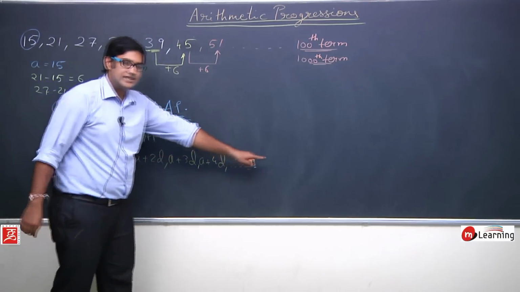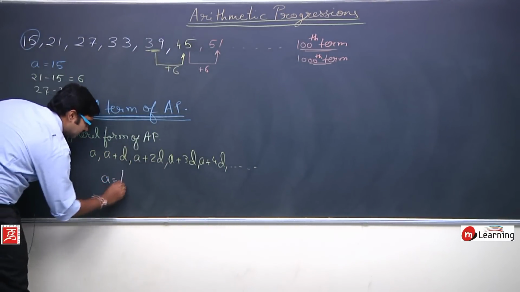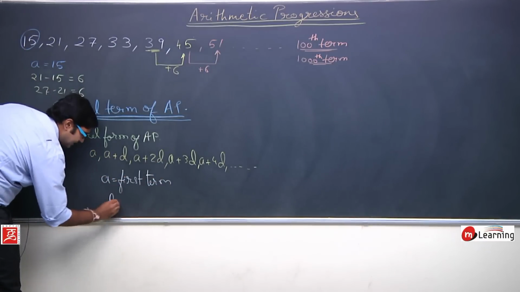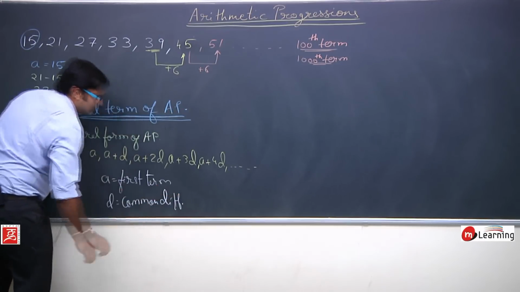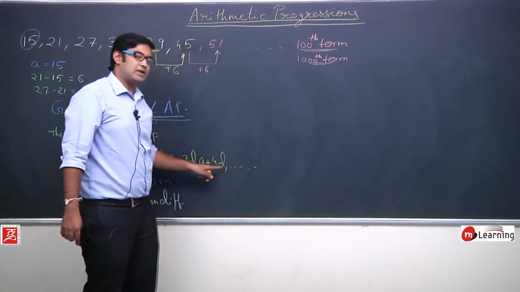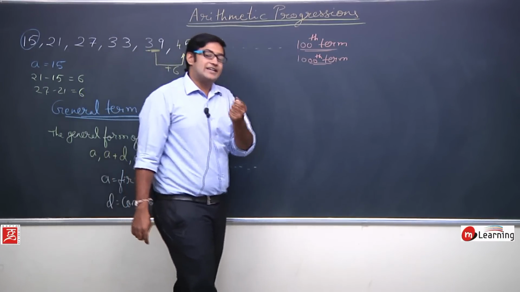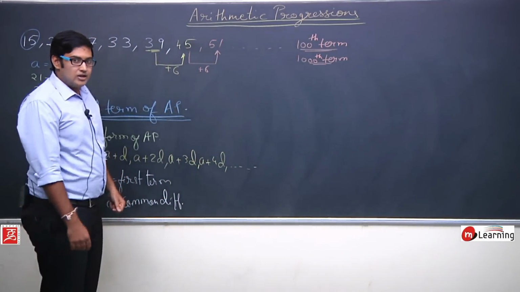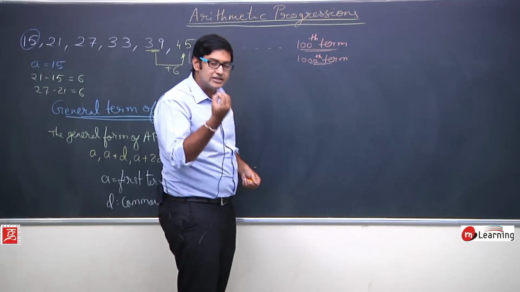Okay, this sequence will go till infinity, in which a is known as the first term and d is known as the common difference. Now, if I want to determine the 100th term or the 1000th term of this AP, I am going to derive a formula to directly determine any possible term of this arithmetic progression. And that formula is derived from a very simple observation. It's just an observation.